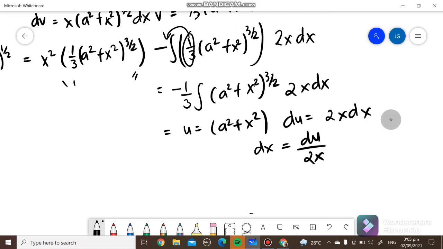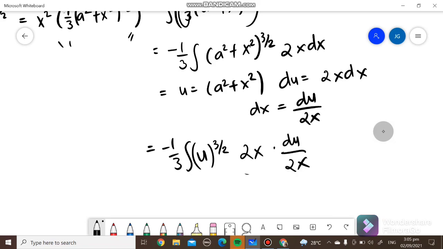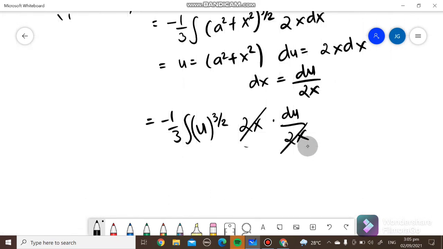So, we have negative 1/3 the integral of u, since this is its value, u raised to 3/2 times 2x, times the dx value, which is du all over 2x. So, these cancel because it means 1. Basically, we have this one.